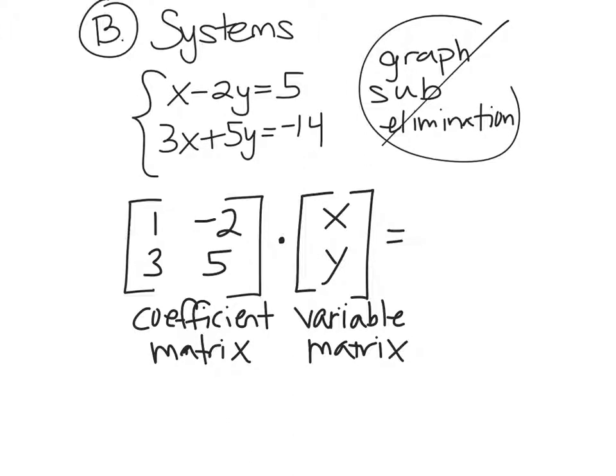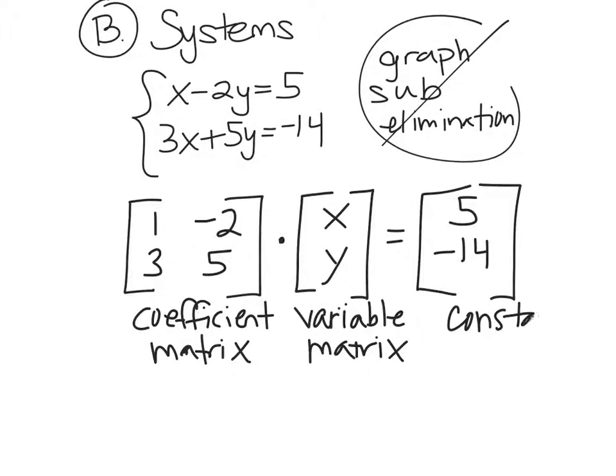What does x minus 2y equal? It equals 5. And what does 3x plus 5y equal? -14. And this right here is called the constant matrix because those numbers are just constants. So coefficient, variable, constant. Now you do need to know those terms, because I do ask you for that. In your homework, it says identify the coefficient matrix, and that's all you have to do.